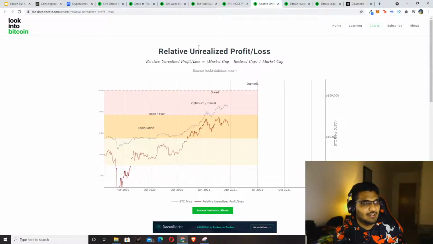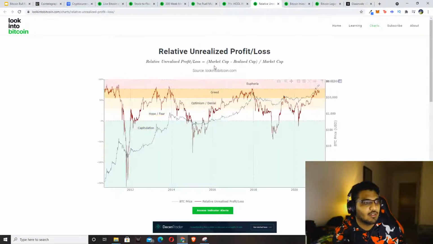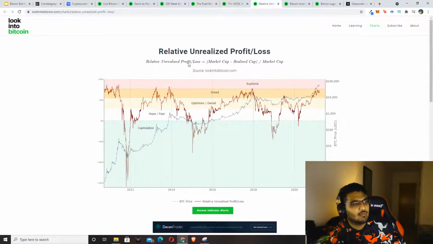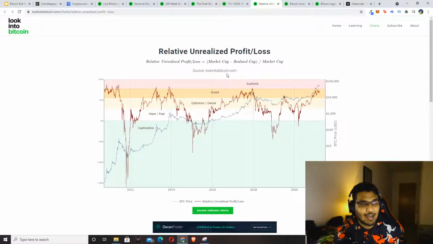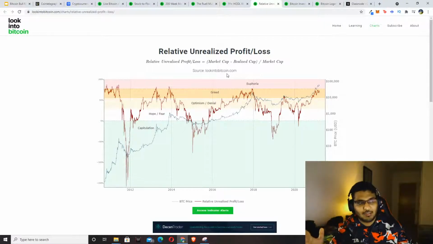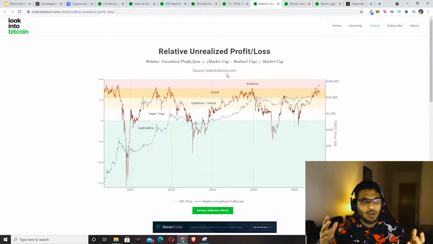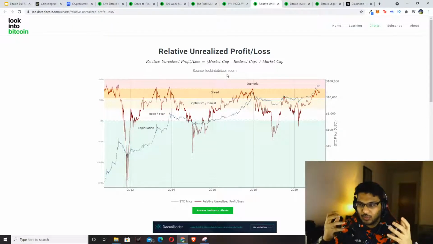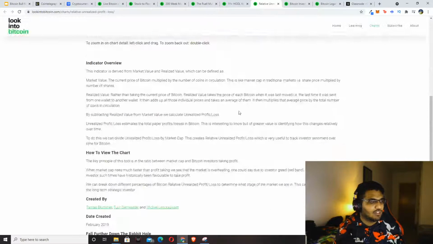Let's explain what this relative unrealized profit is, right? So the relative unrealized profit / loss is the market cap, so the entire market cap of Bitcoin minus the realized cap over the market cap. So you're probably wondering, well, what does this realized cap mean? What does realized cap refer to?